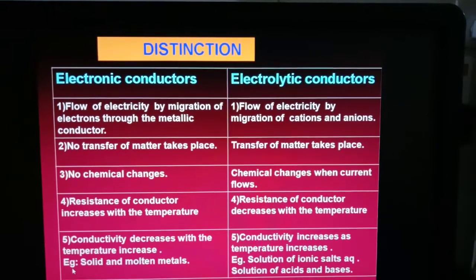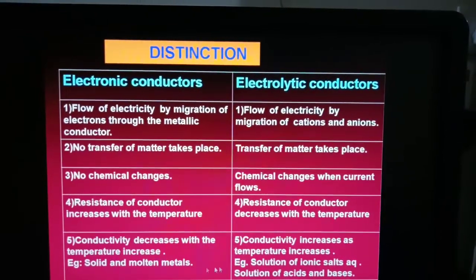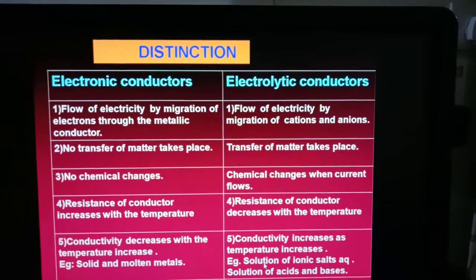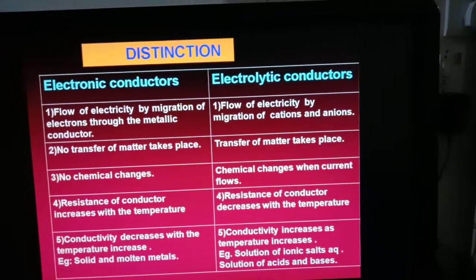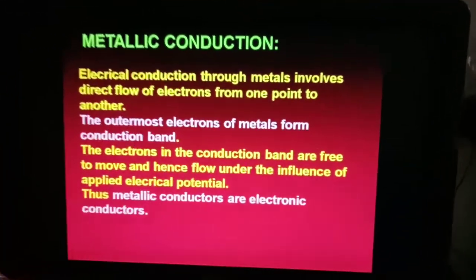Few examples of electronic conductors are solid and molten metals. Examples of electrolytic conductors are solution of ionic salts and aqueous solutions of acids and bases. Next we study about metallic conduction.